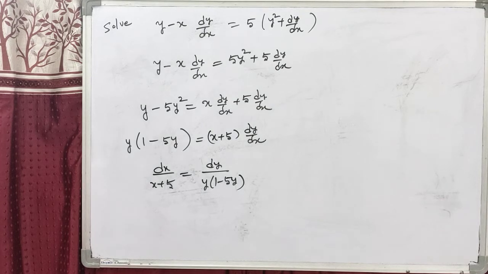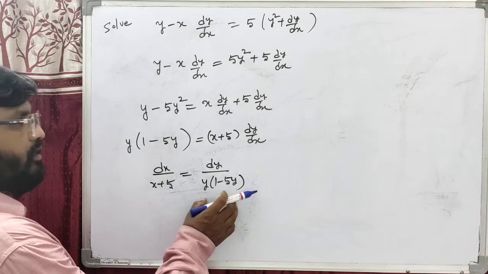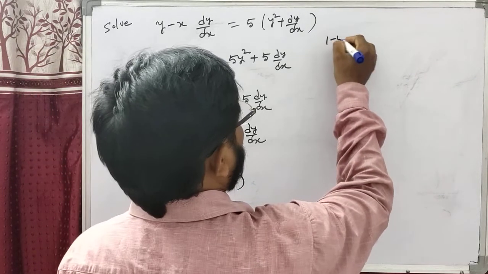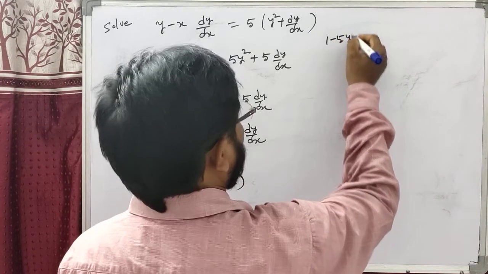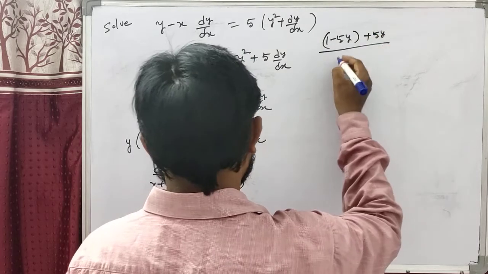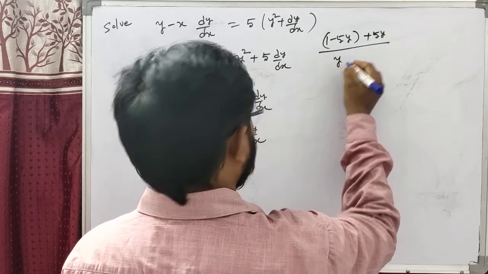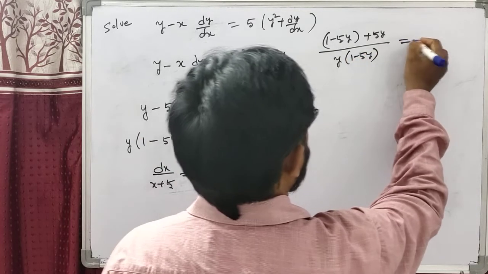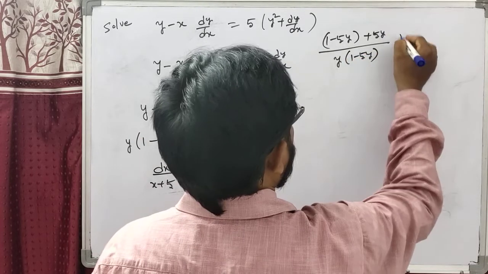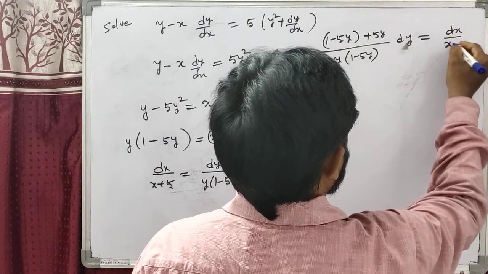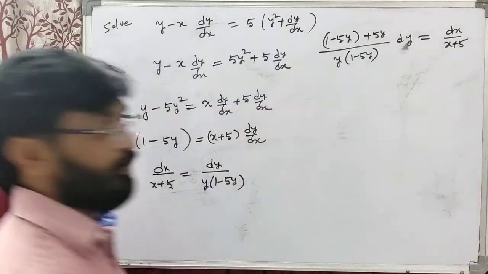Dear students, we have to know how to write this. We can write it as 1 minus 5y plus 5y by y into 1 minus 5y, into dy equal to dx by x plus 5.